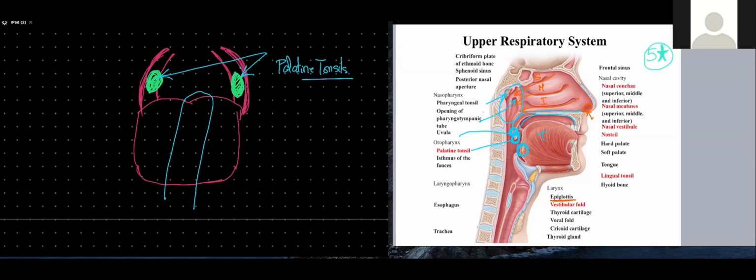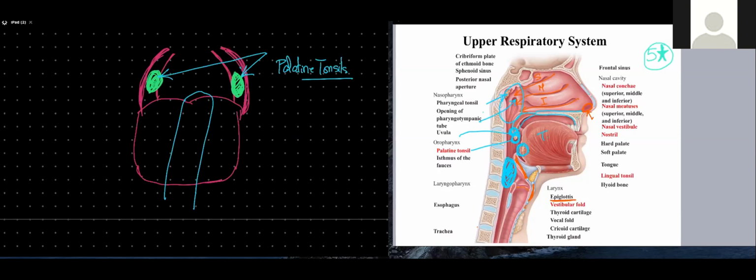Moving down, we've got the part of the pharynx located posterior to the larynx. This is my laryngopharynx. Anterior to it, we've got the larynx. You're going to see multiple cartilages that will share in the formation here, including the epiglottis, thyroid cartilage, cricoid cartilage.